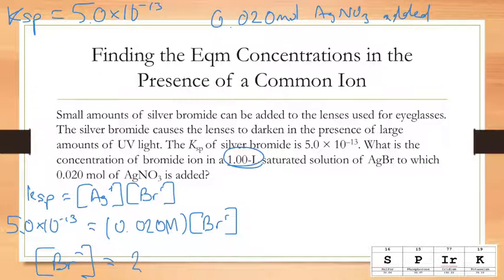And we get 2.5 times 10 to the negative 11 molar. So there's a lot more Ag plus ions in solution now, and that makes sense because we added 0.02 moles to a solution that already had some Ag plus ions. So this is the new concentration of the bromide ions.